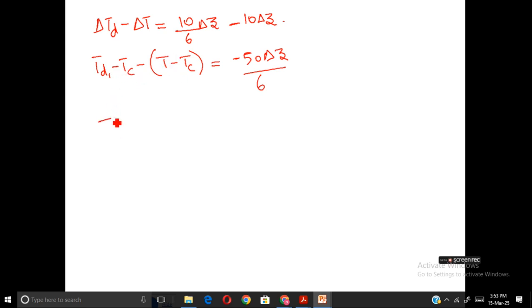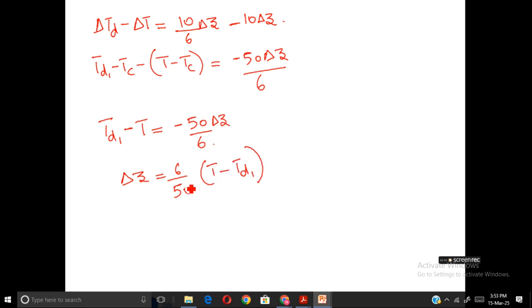Tc and Tc will be gone. Td1 minus T is equal to minus 50 delta Z by 6, or delta Z becomes 6 by 50 into T minus Td1, if you take out the negative sign. Or we can write delta Z is equal to 6 by 50, which is basically having a value of around 0.1.